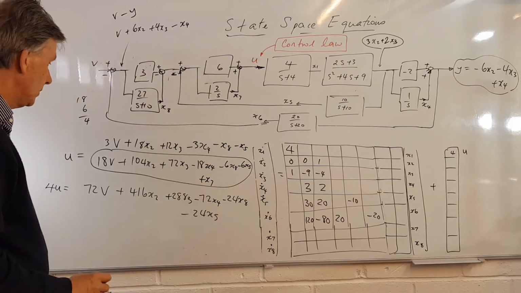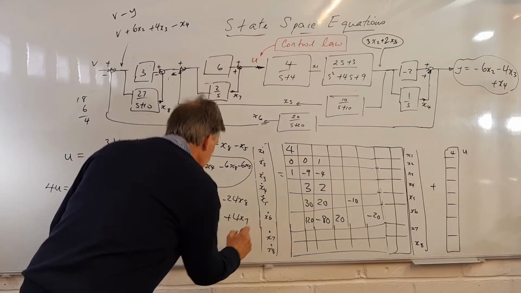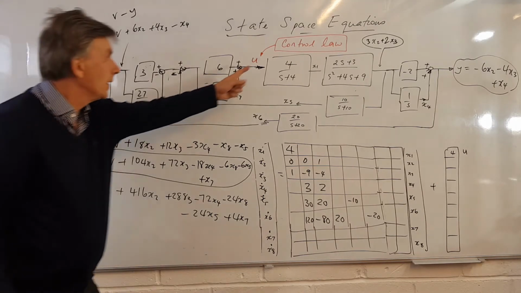And 4 times x7 will be plus 4x7. So this is 4u now, which is our control law, because we worked out what that signal there is.